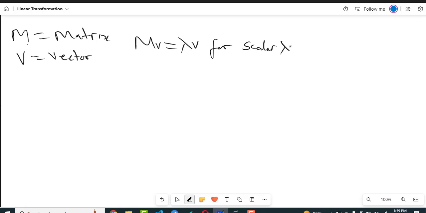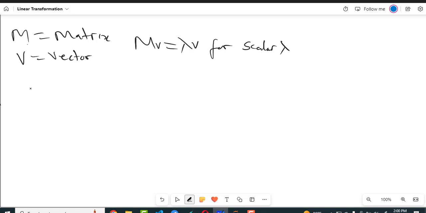So we are using lambda as our scalar. Here we can see that the eigenvalue lambda is a scalar that, when multiplied by an eigenvector, simply scales up the eigenvector by the scalar. So the eigenvector is a vector that is not changed in direction by the multiplication, but only in magnitude.